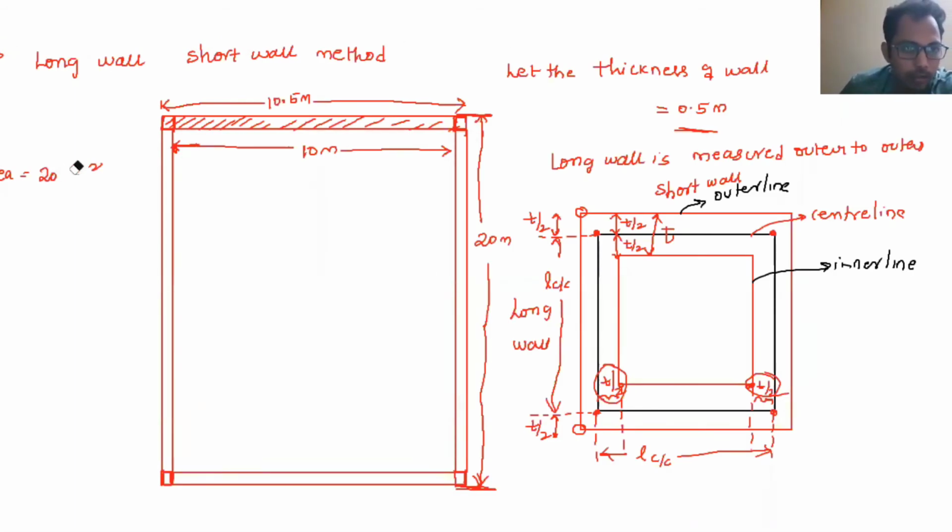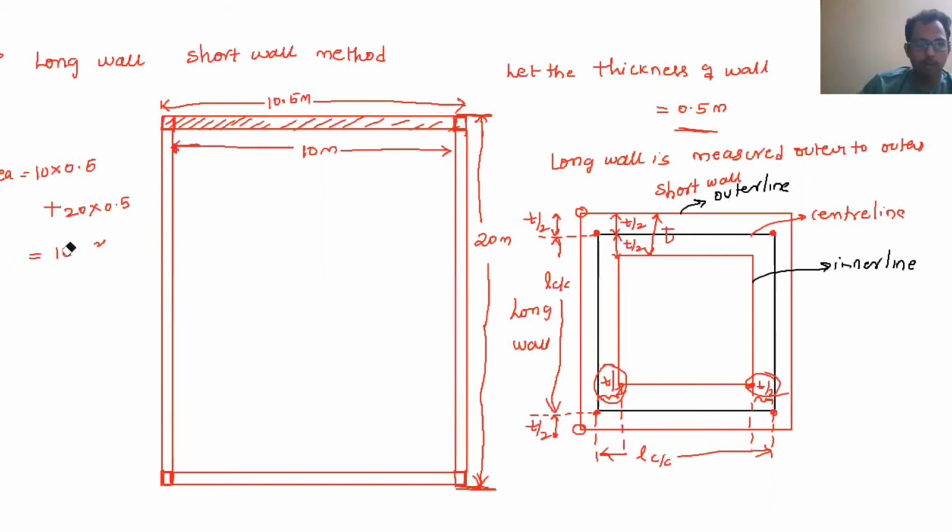Generally the area along the shorter wall is 10 meter length and 0.5 meter width: 10 into 0.5 plus 20 into 0.5. How much is it coming? 5 plus 10, 15 meter square. So 15 meter square is the area.